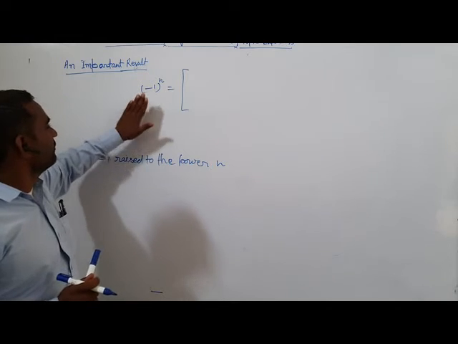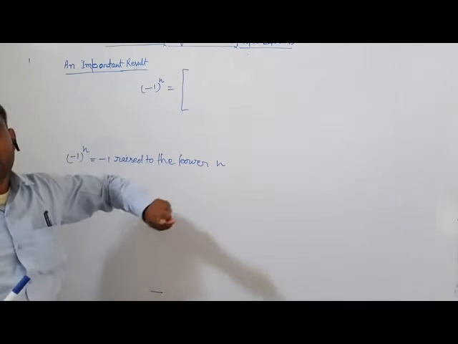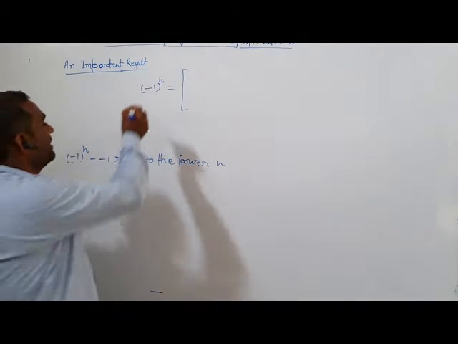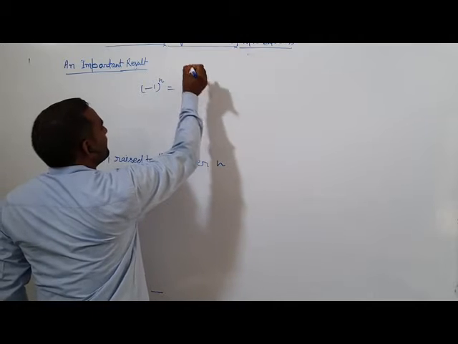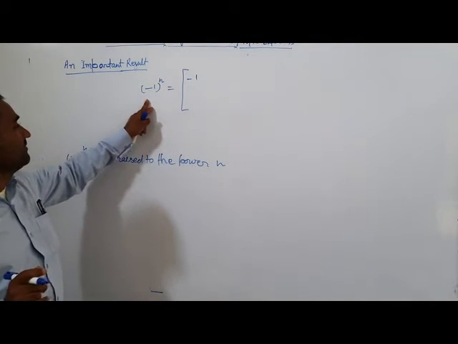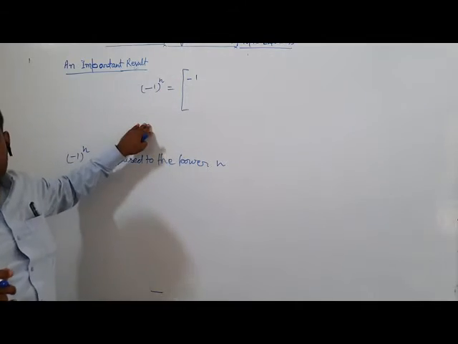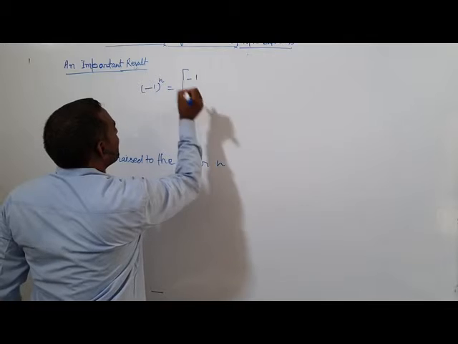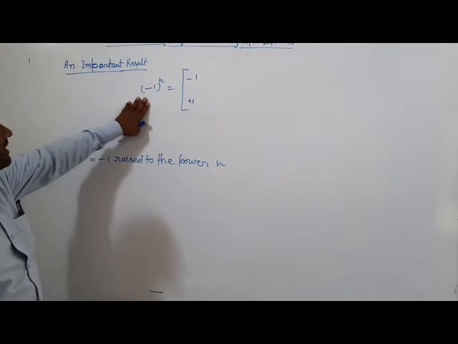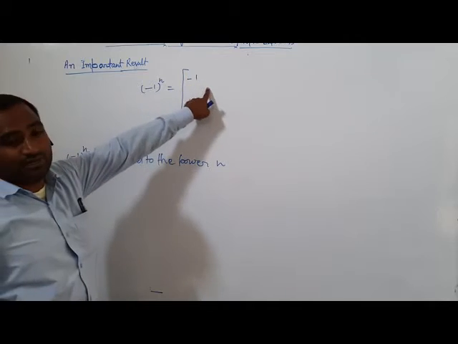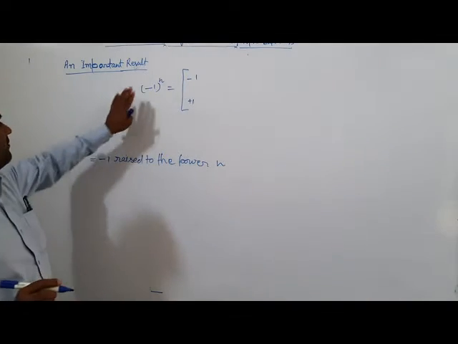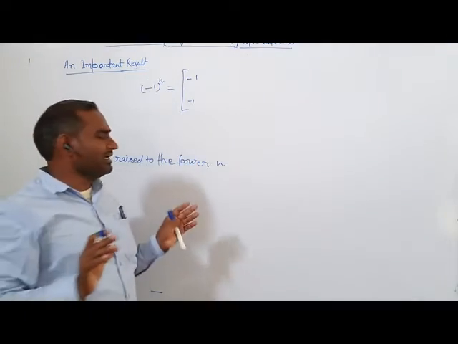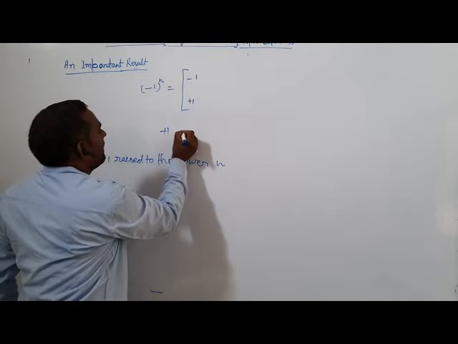And what is the value of it? Negative or positive? The value of this will be minus 1 or plus 1. When will the value be minus 1, and when will it be plus 1 or 1?